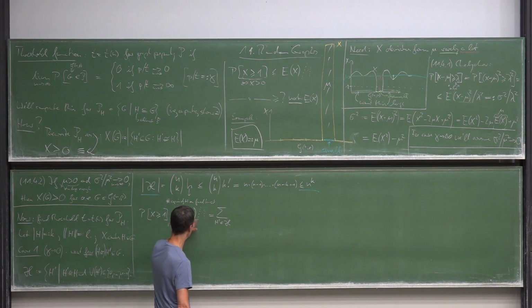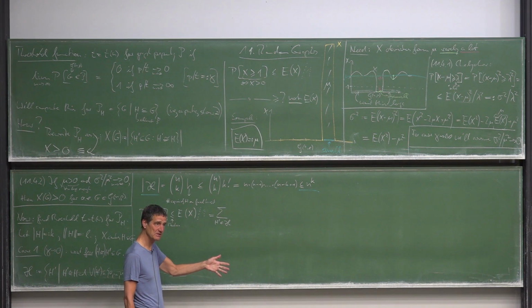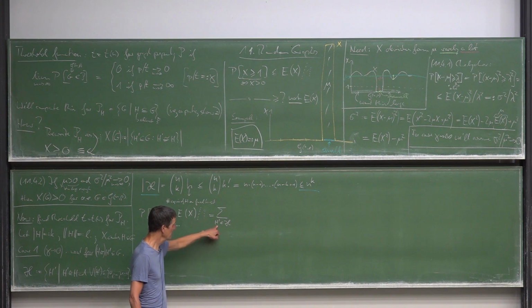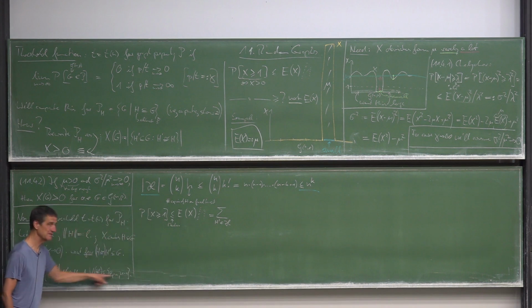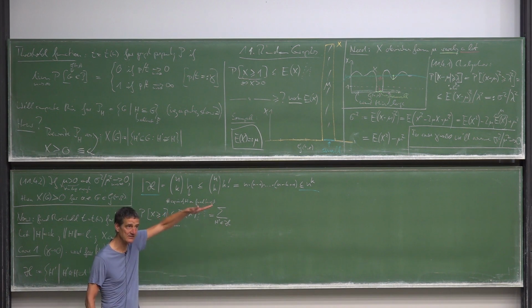So what's that? The expectation of X is the sum. Remember this matrix that we had where we computed the expectation for this particular random variable? For every little H, for every candidate on the right vertex set that might or might not be in H, we put a row, and then we just added the measure of those G that contain that particular H. And we summed that over all the rows.